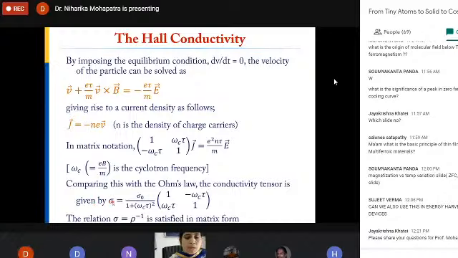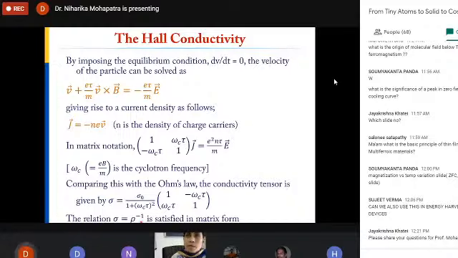In this matrix form, if you write the conductivity and also the resistivity, you will find they satisfy the relation sigma equals 1 by rho. The conductivity is the inverse of the resistivity, and this relation is satisfied in matrix form.